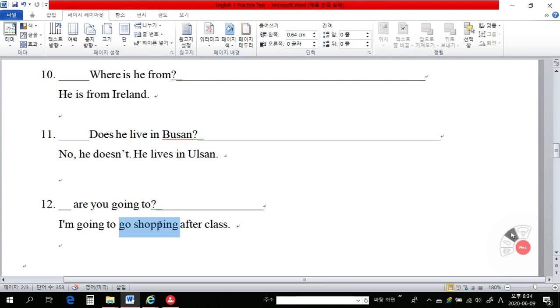So we have the name of an activity, and you have also a time. So if we're looking for this information, this activity, go shopping, the question is what? What are you going to do? But if we focus on this time, then we could ask when. When are you going to go shopping? I'm going to go shopping after class. So you can see often there's more than one answer.